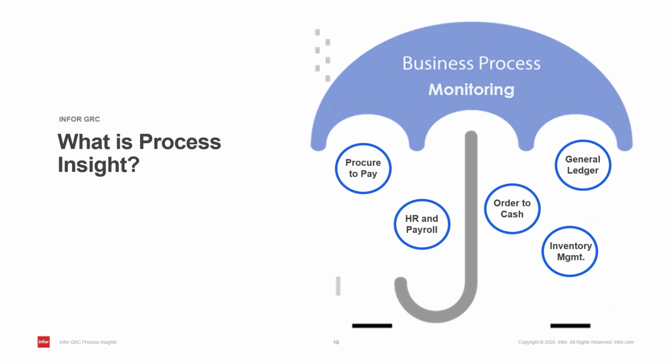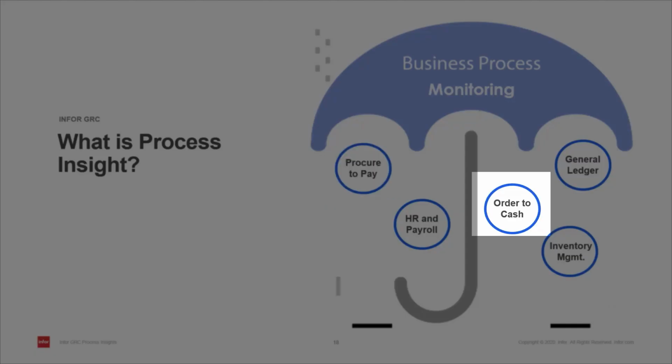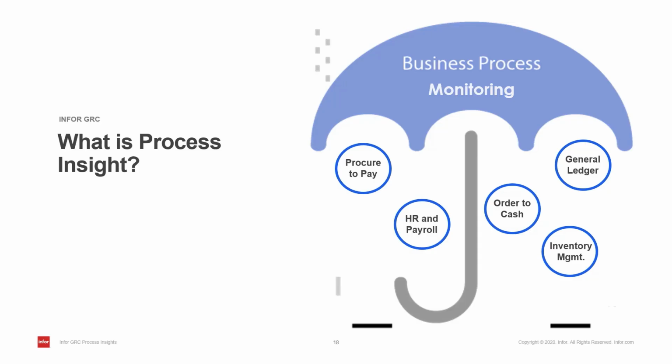All right, so let's answer your first question. What is Process Insight? Basically, Process Insight is a best practices automated business program and controls that span across procure to pay, order to cash, general ledger, HR, inventory, and these are the automated controls that provide you with a wide range of coverage because of the various control types that are available.